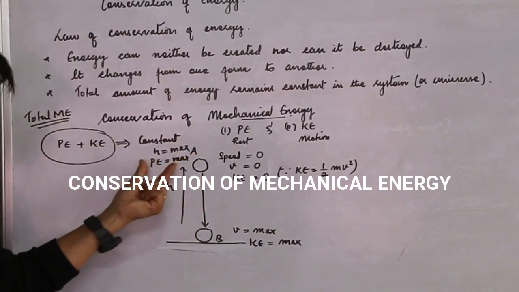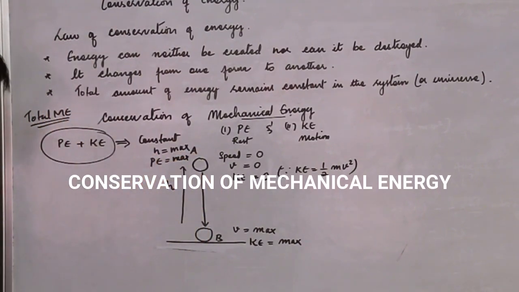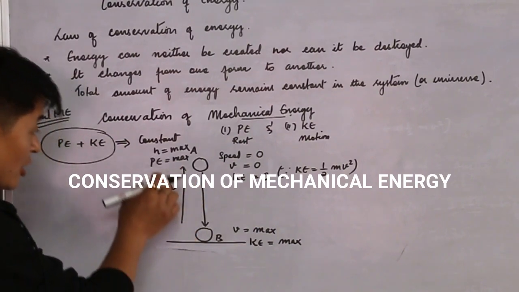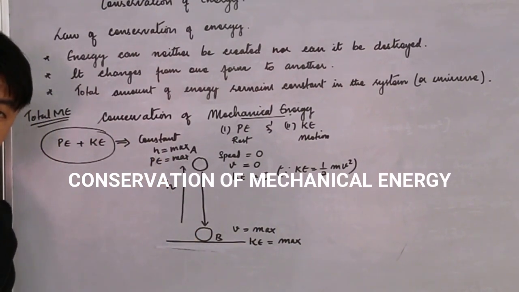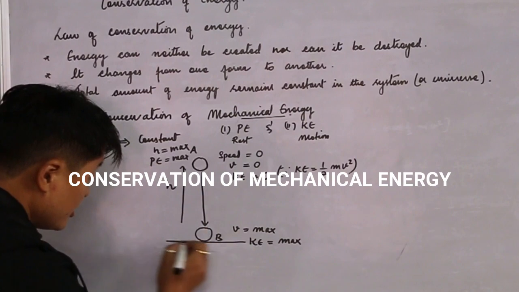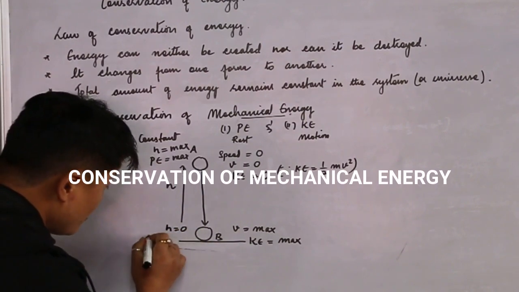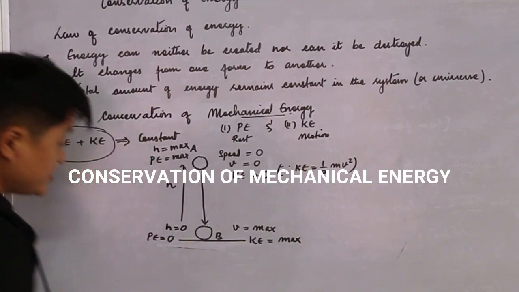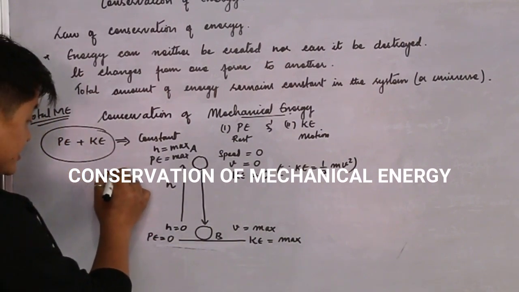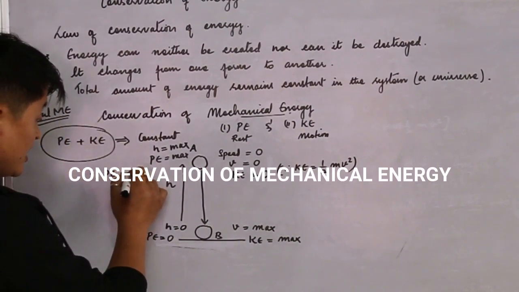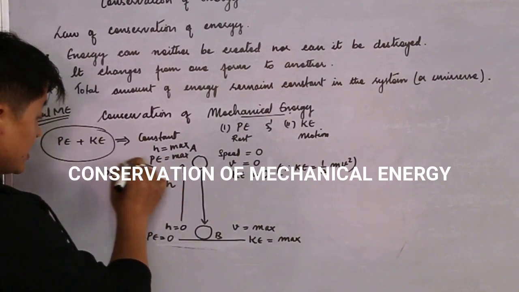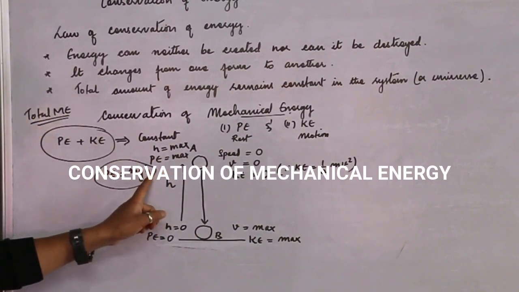At A, potential energy is maximum. As the height decreases, potential energy also decreases, and at the ground the height will be 0. At that time, potential energy will be 0, since potential energy is equal to mgh. It depends upon the position, the height.